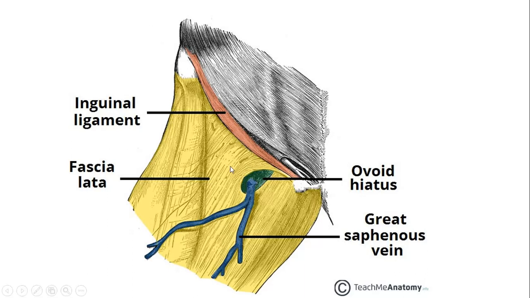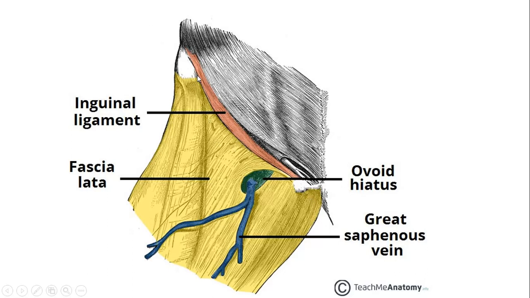Here again is the ovoid opening, that is the saphenous opening, and here is the pubic tubercle and the vein. This is a gap in the fascia lata, and here the great saphenous vein is entering into the femoral vein, and here is the inguinal ligament attaching from the anterior superior iliac spine to the pubic tubercle.